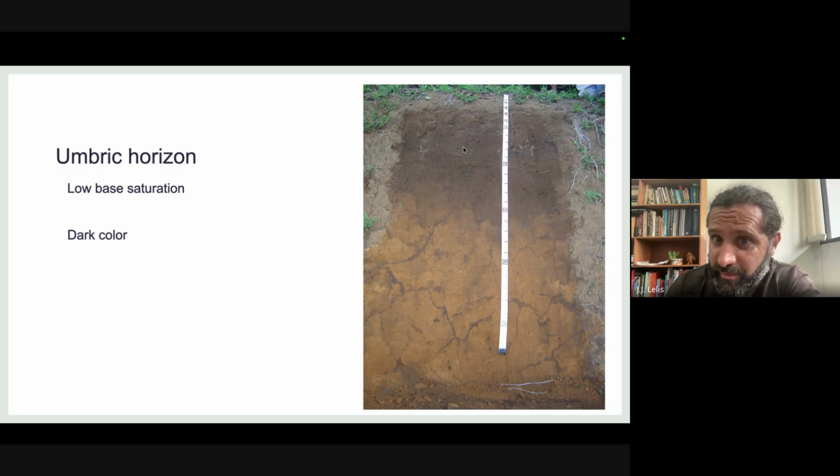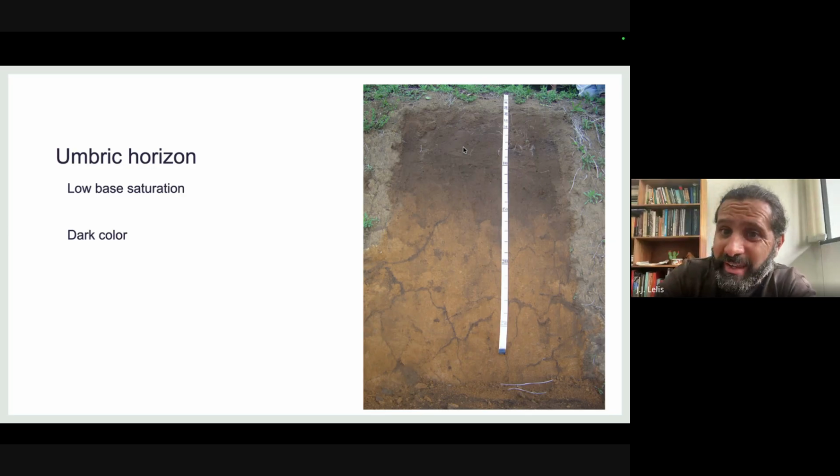And because of this, you can find a soil with a higher organic carbon content and darker colors. Okay, so in the umbric horizon, it's quite common that we have acidic conditions with a high aluminum content that also reduces the microbiological activity.